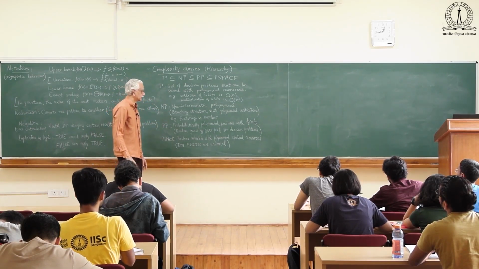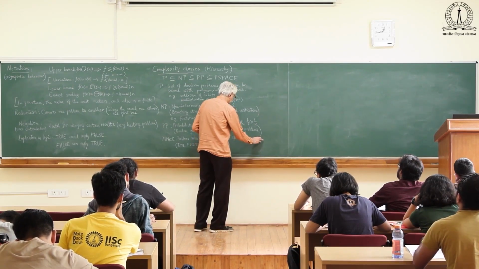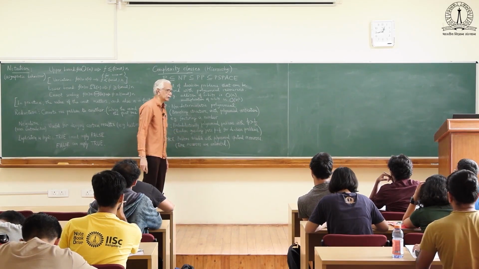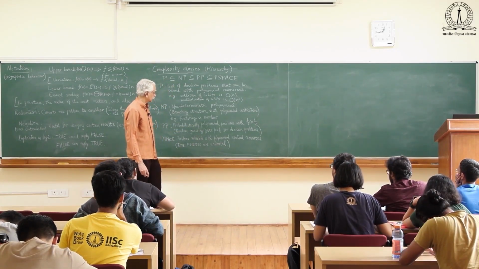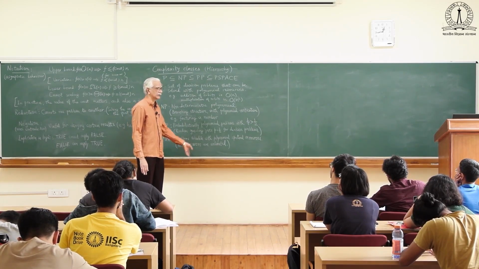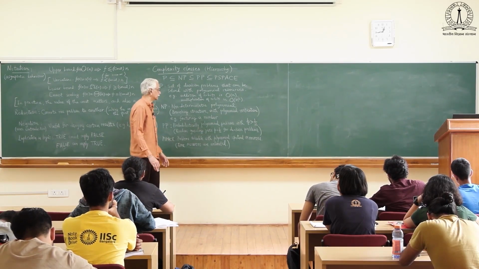All the problems where you have only limited space resources, polynomial in the input data, time is unlimited, and whatever you can solve in that particular context is called PSPACE.